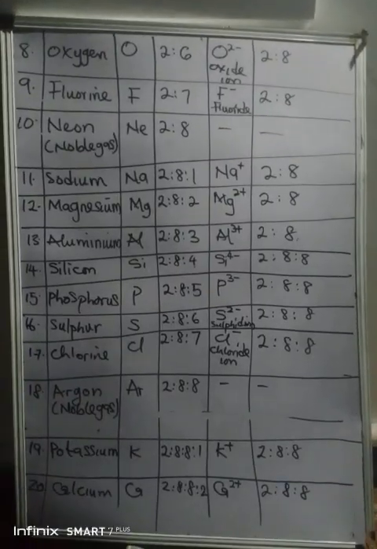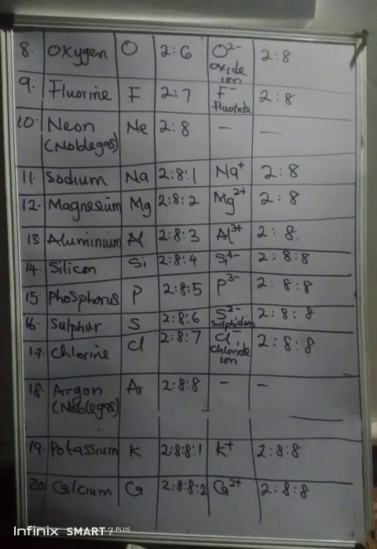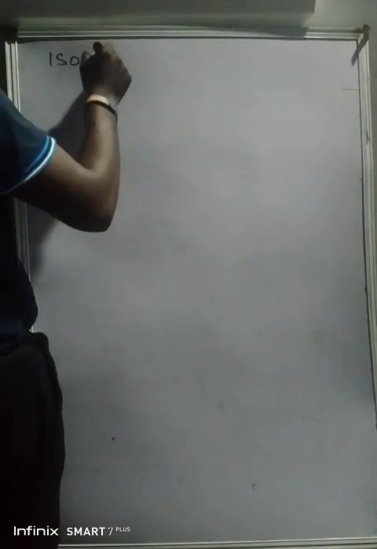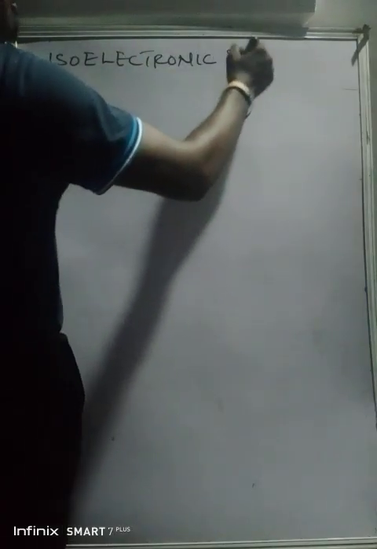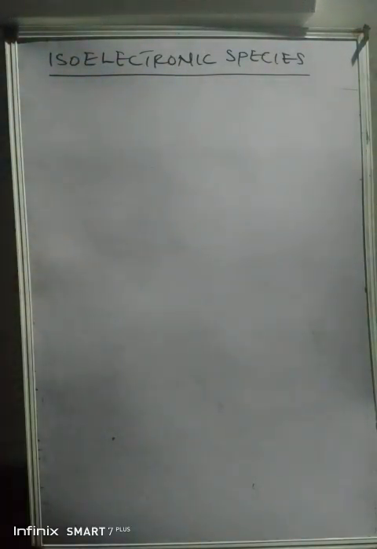Quickly, let's look at a subtopic: isoelectronic species. What did I call it? Species. The word iso means the same.